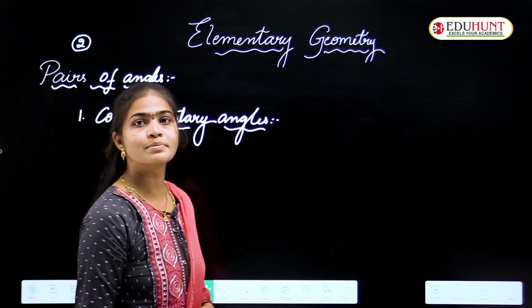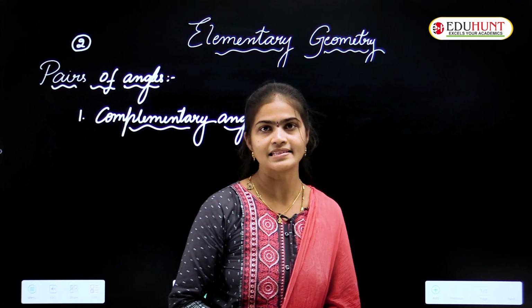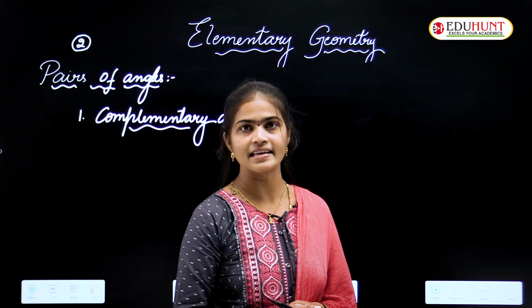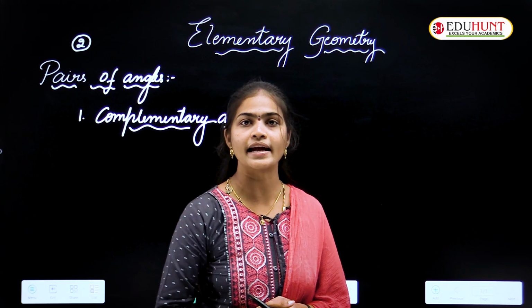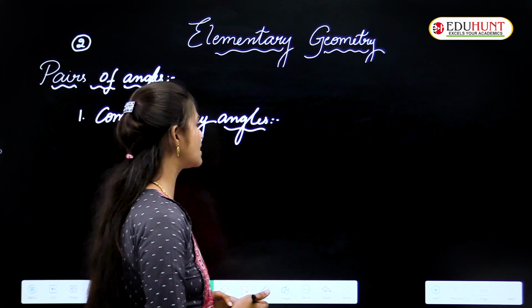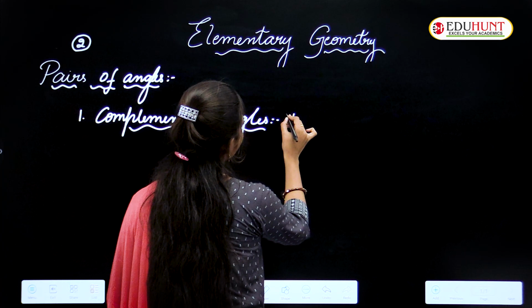Complementary angles means the sum of 2 angles is equal to 90 degrees. The sum of 2 angles is equal to 90 degrees. Then we will call those 2 angles complementary angles. So what is the definition?